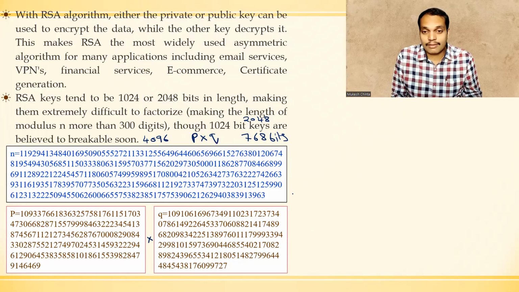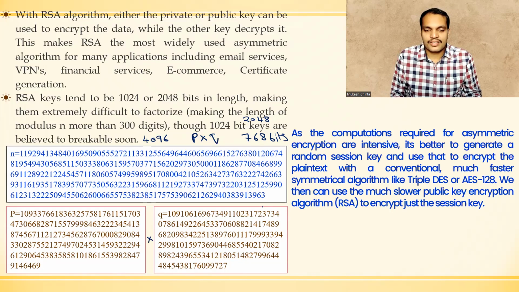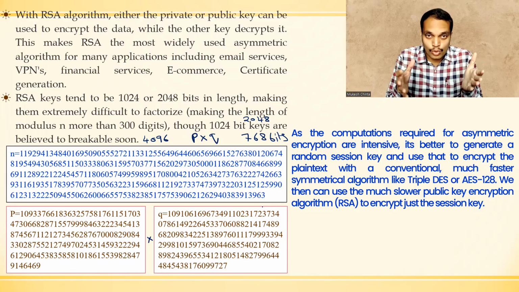So on a closing note, if you see RSA and all the asymmetric encryption algorithms, the computations are very complex and very resource intensive. Obviously, when they're complex and resource intensive, they are slow also.